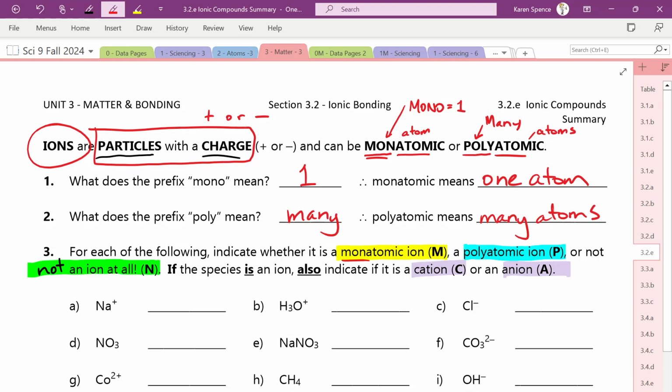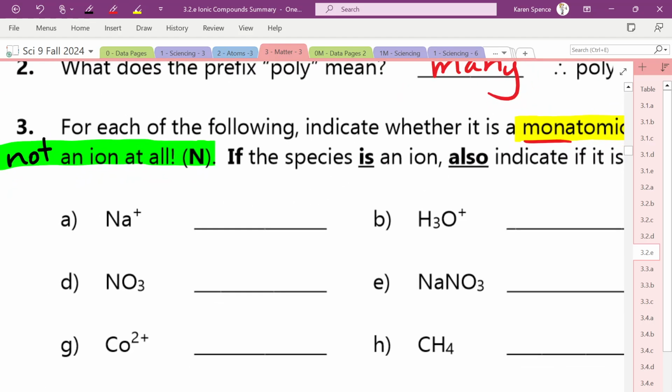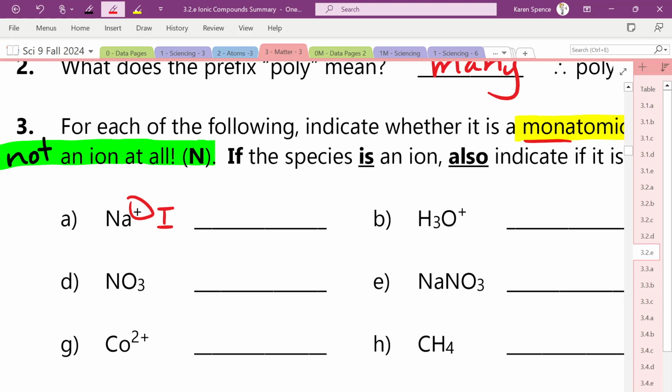Okay, let's go over these really quickly. First of all, we're just going to go through really quickly and decide what's an ion and what's not an ion. Na plus is an ion because it's got the charge.